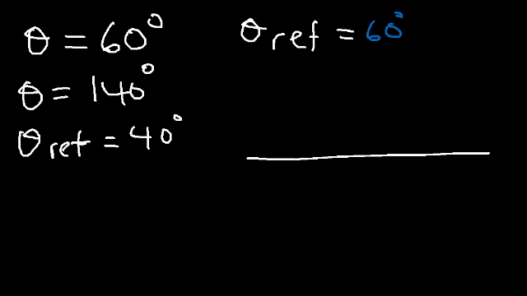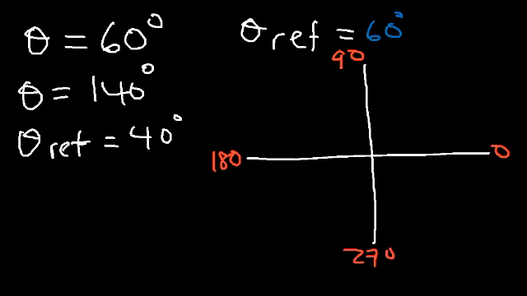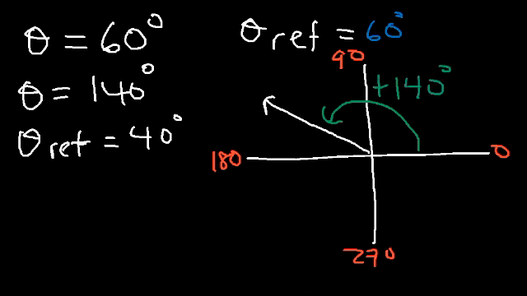To see it visually, here's 0. This is 90, 180, and 270. So 140 is somewhere in this area. So from the x-axis to this angle, that's positive 140 degrees if you travel counterclockwise.